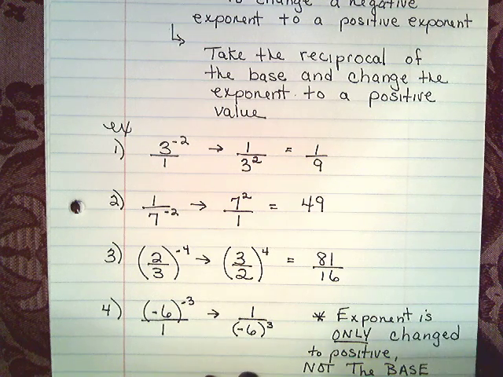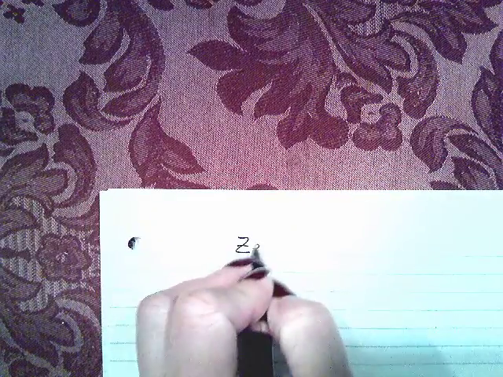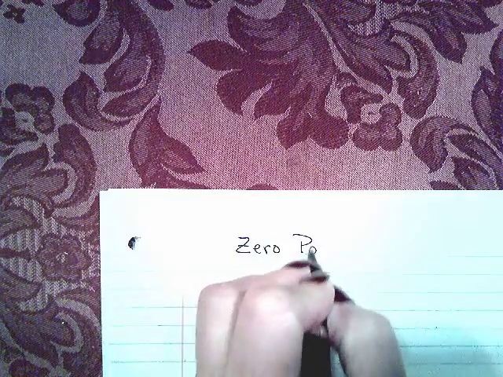Let's talk a little bit about the zero power. Now, every year when we introduce this, I will say to my students, what do you think 2 to the 0 power is going to be? And I would say 99.9% of my students will say 0.